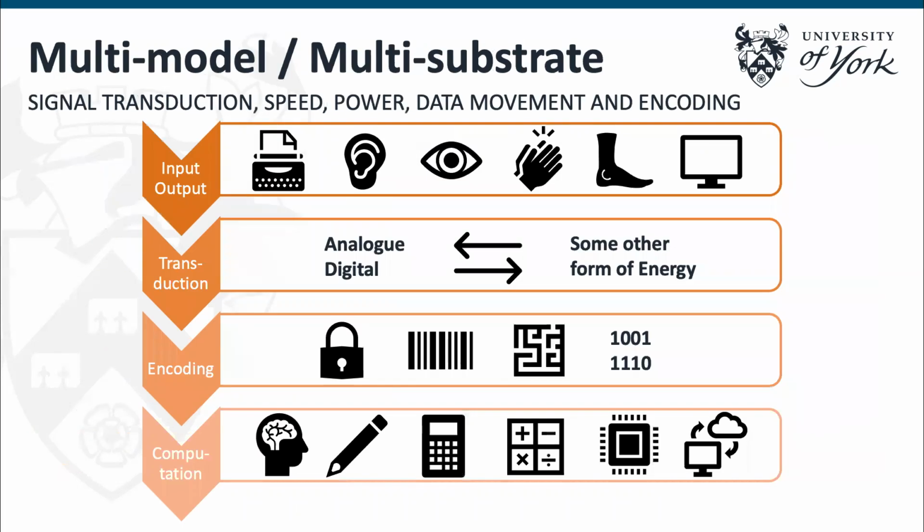So this is the picture that you get if you want to do an application with your computer. Then you have to have some input and output. You have to do signal transduction. You have to do some sort of encoding, and then at the very bottom you have some sort of substrate that does the computation. Yeah, so whenever I say substrate, I refer to this bottom thing.